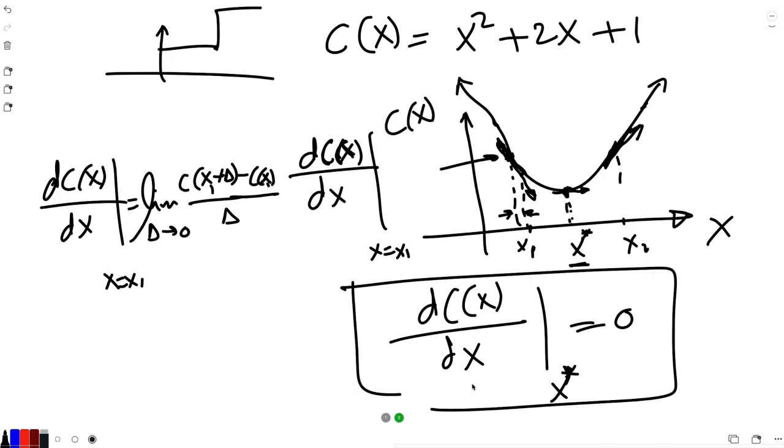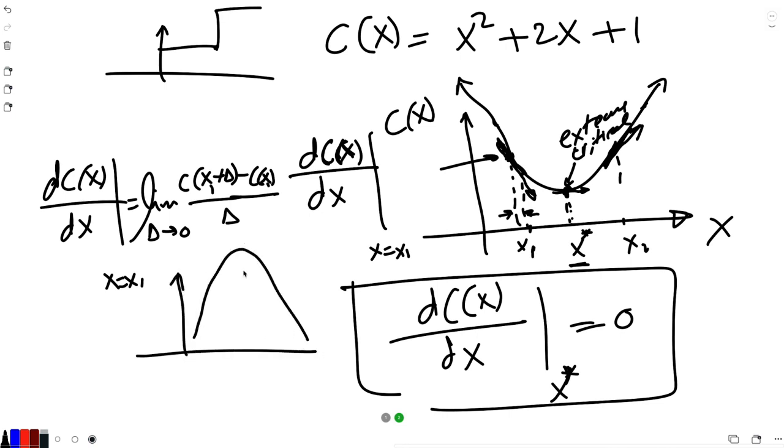Usually we call this point an extreme point, or a critical point. This is the same if we talk about the maximum. If we are talking about the maximum point, it will also be an extreme point or critical point at x star, and again the differentiation at this point will be 0.